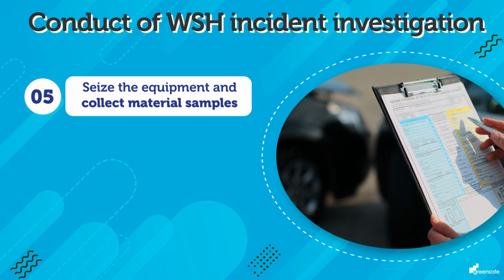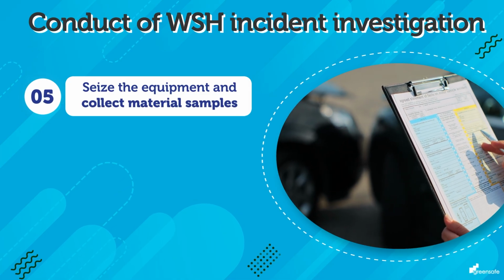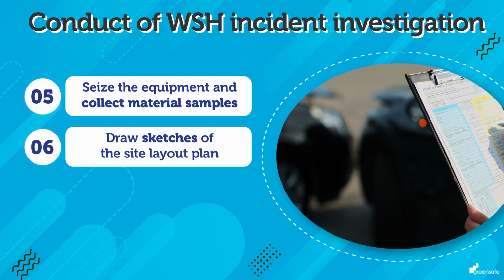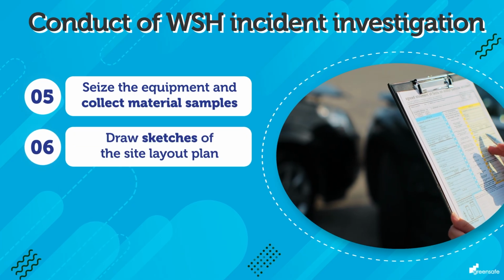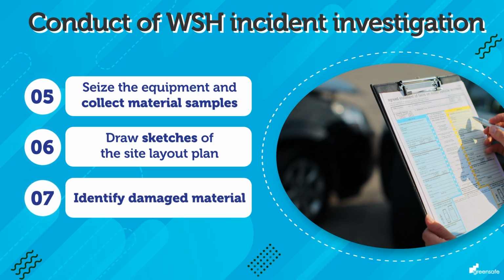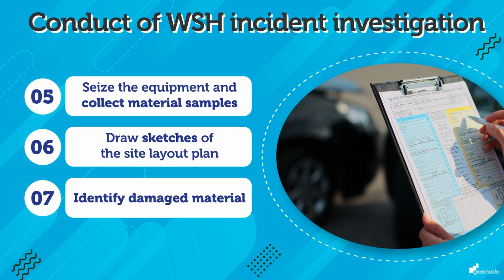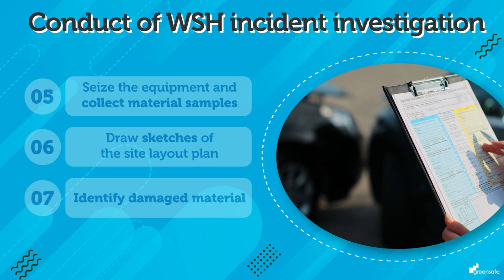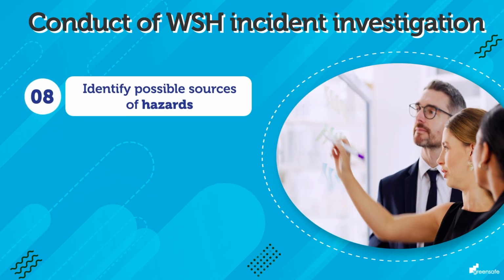Step 5. Seize the equipment and collect material samples found at the scene for further laboratory tests. Step 6. Draw sketches of the site layout plan. Step 7. Identify material or equipment that may have been damaged during the incident. Step 8.